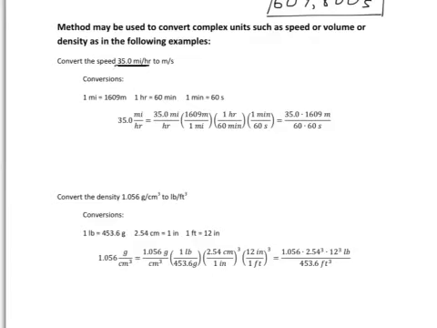So we'll have this particular conversion problem, convert 35 miles per hour into meters per second. Here are some conversion factors we can use. 1 mile is 1,609 meters. There are other conversion factors that I could use, but this one might be familiar to those of you who run track.